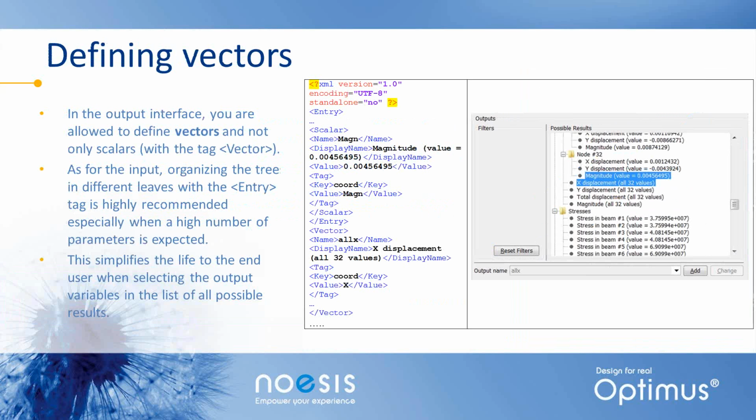For defining vectors, you may see how this can be done. Usually we define just entries, but here we can also define a vector, and you can define X and Y, and you can also take into account real and imaginary numbers, so you can keep both together and extract that very easily.